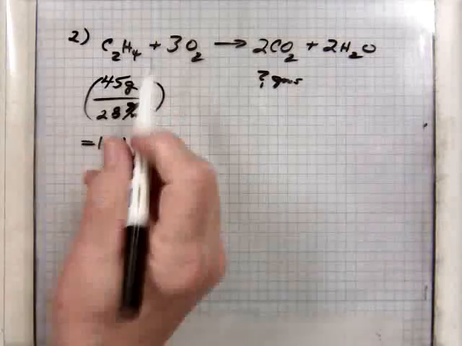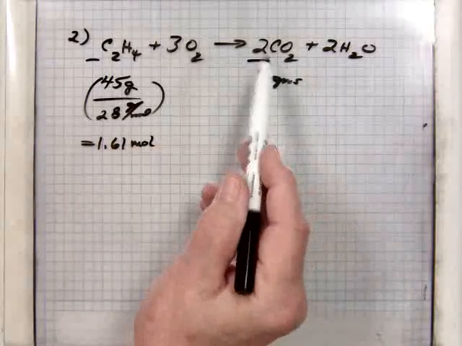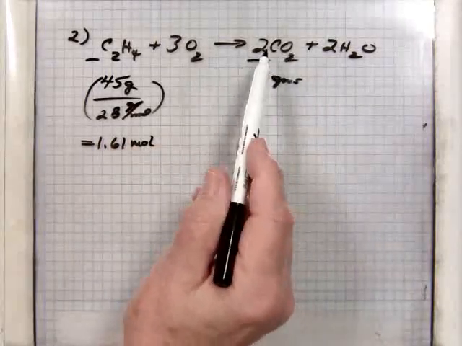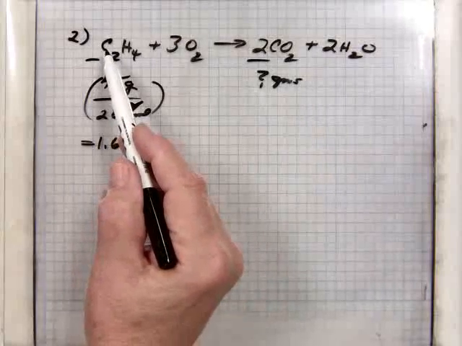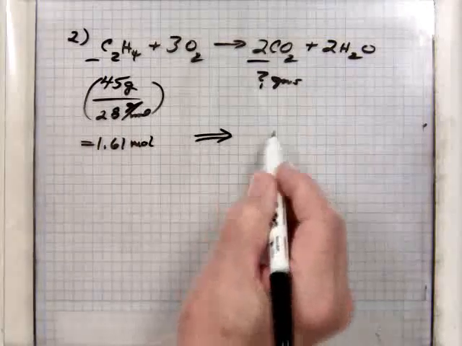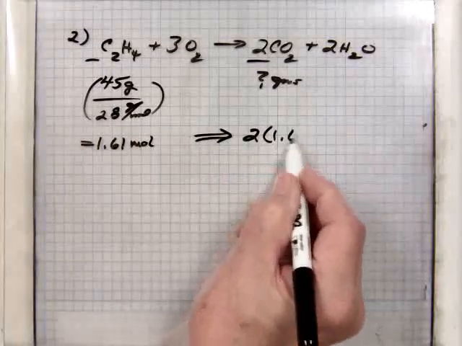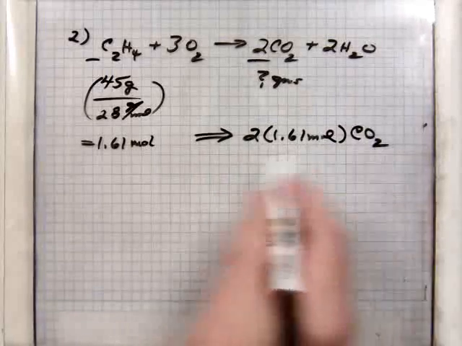Okay, when we compare the coefficients, it's 1 to 2. So the CO2 mole-wise will be twice whatever we use in the ethylene. So the yield will be 2 times 1.61 mole in terms of CO2.